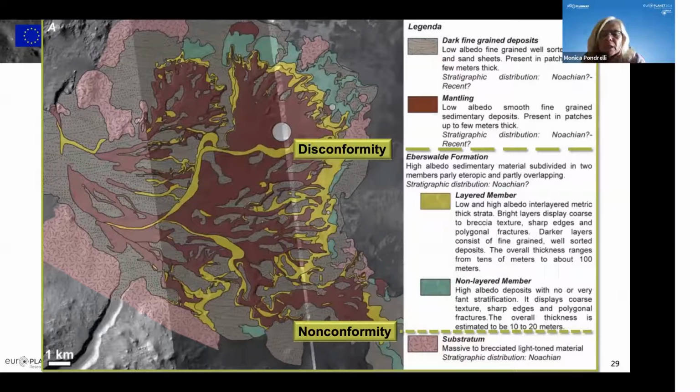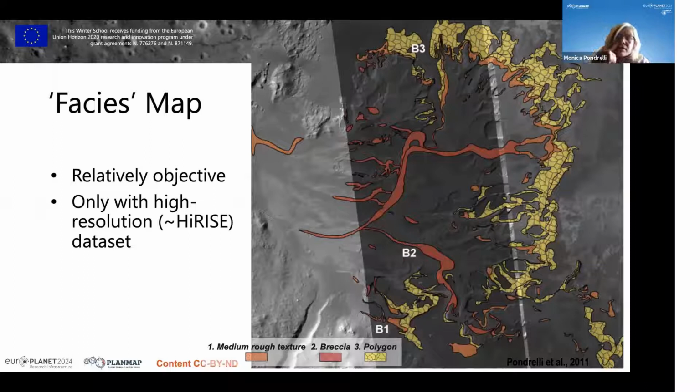This definition is as objective as it is possible to do. In this specific crater, we could go into even more detail, because of the data available, and it is possible to realize a sort of facies map.